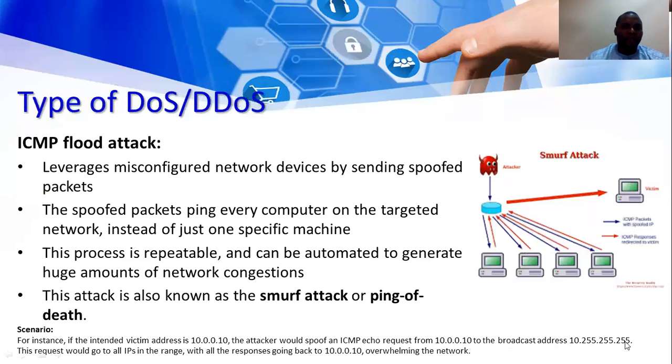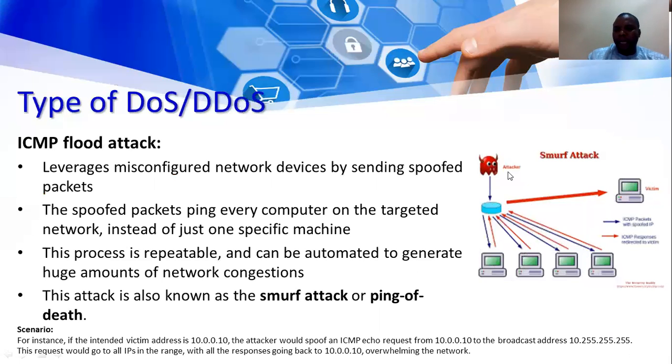Once that is done, say I send an ICMP ping or echo request from 10.0.0.10 to this broadcast address. Definitely, this request will go to all the IPs in the range, and they will respond back. Once the response comes back, it will go directly to the victim.